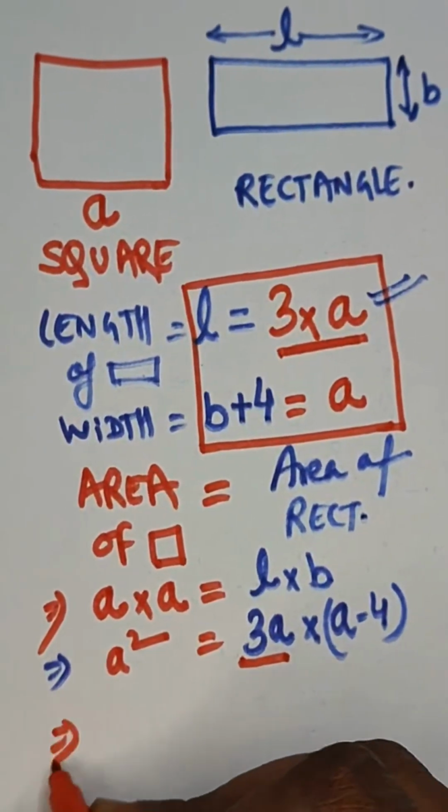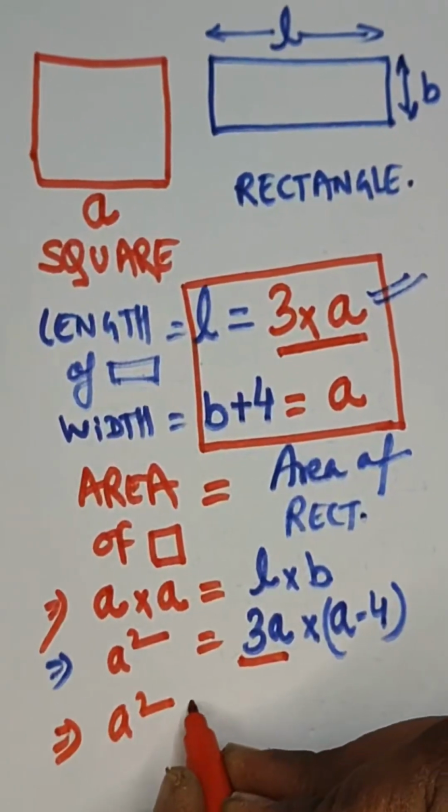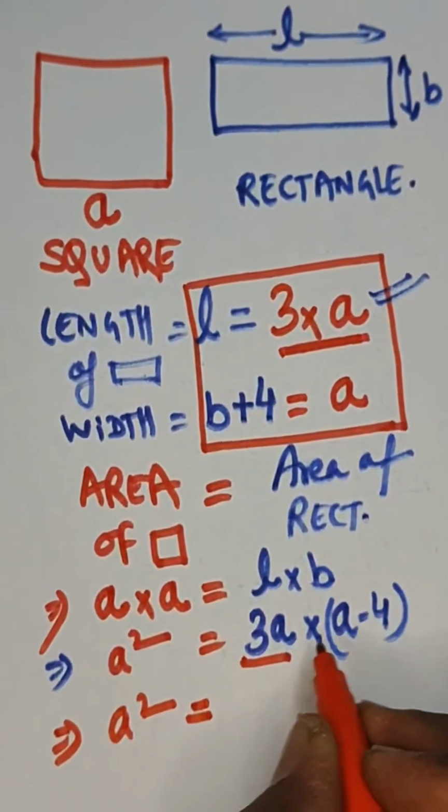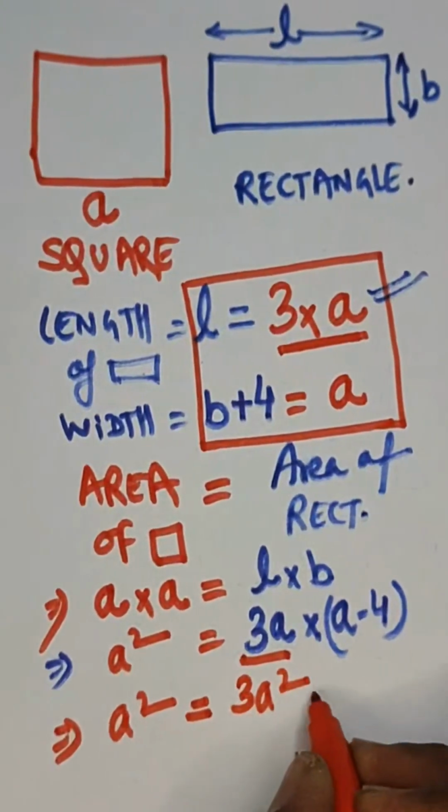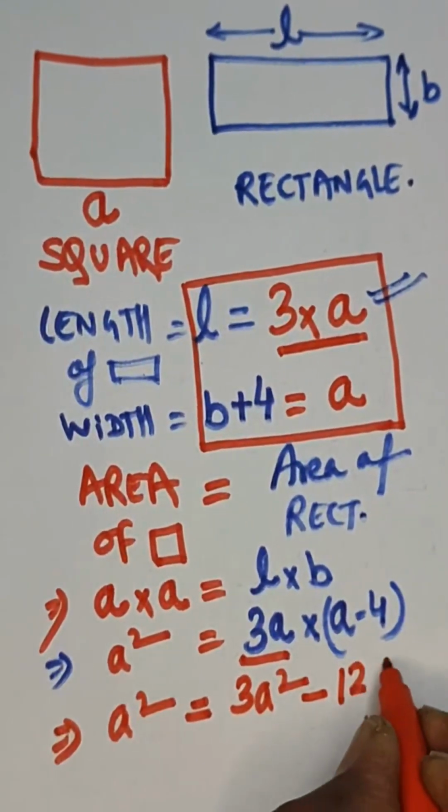Now with this, A square is equal to 3A into A minus 4, that is 3A square minus 12A.